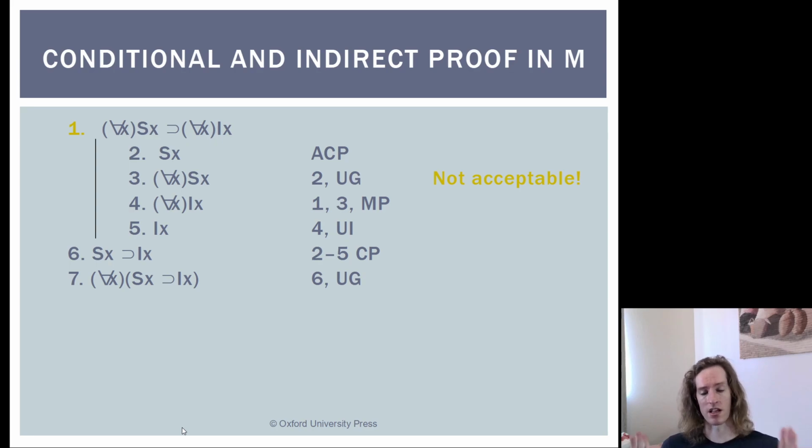The most important thing is if you can remember, never universally generalize within the scope of an assumption, you're set. If you can follow all the other rules and you remember to never universally generalize inside the scope of an assumption, then you'll be fine. That's the important thing to remember with conditional and indirect proofs in monadic predicate logic.